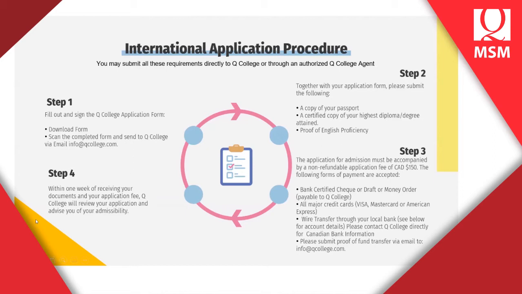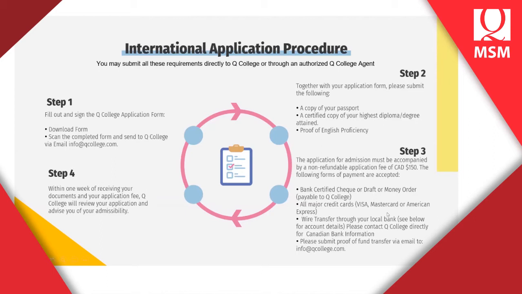If for any reason their tests are expired, they can easily complete our online English assessment as well. And that way it doesn't have to cost them any further, and it's done simply online by us sending them a direct link to their email or to your email address so you can forward it on to them.